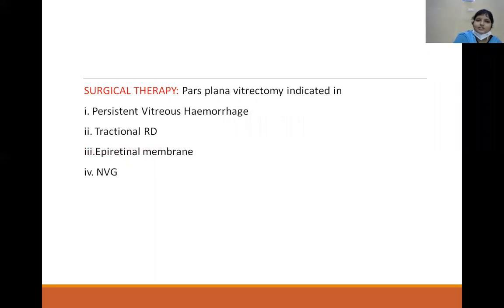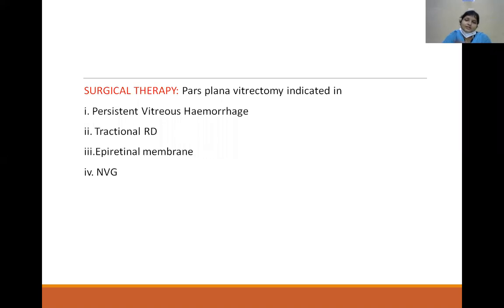And next is surgical therapy. So what are the surgical therapies? Pars plana vitrectomy is indicated in patients with persistent vitreous hemorrhage or when there is tractional retinal detachment, epiretinal membrane, and neovascular glaucoma. Other surgical methods are glaucoma procedures like valve implantation.